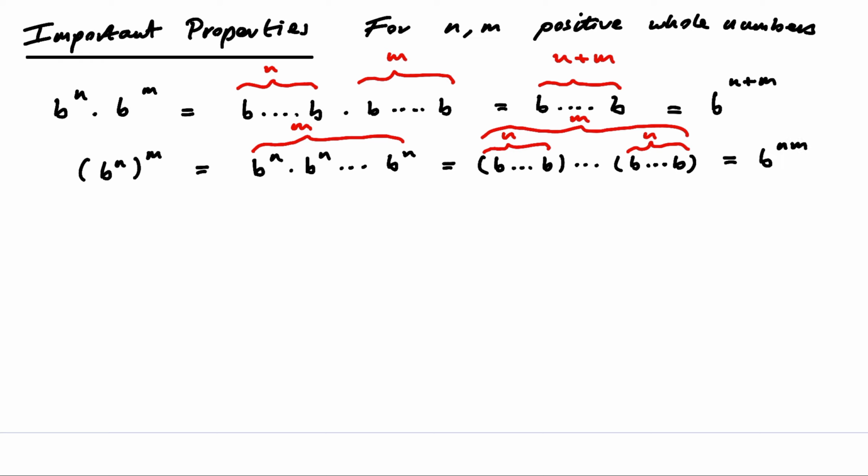So nice. What do we have? We've concluded basically that the notation has these interesting properties. If I multiply together b to the n and b to the m, it seems to sum the exponents. And if I take b to the n and raise it to the power m, it multiplies the exponents. So those are kind of neat properties. So here's my aim.